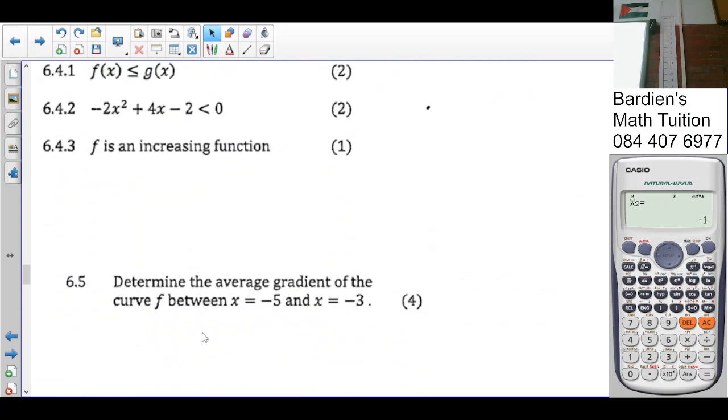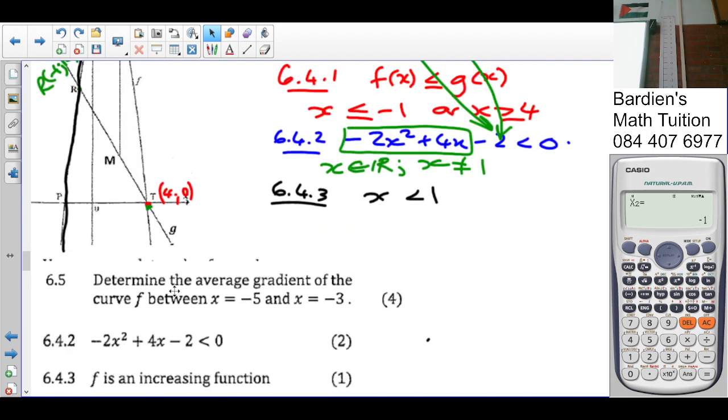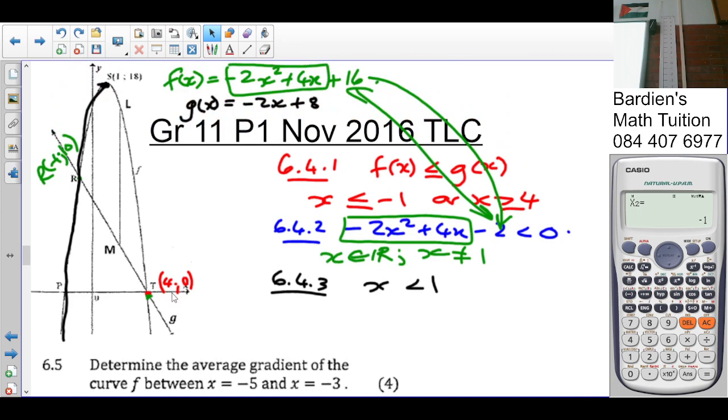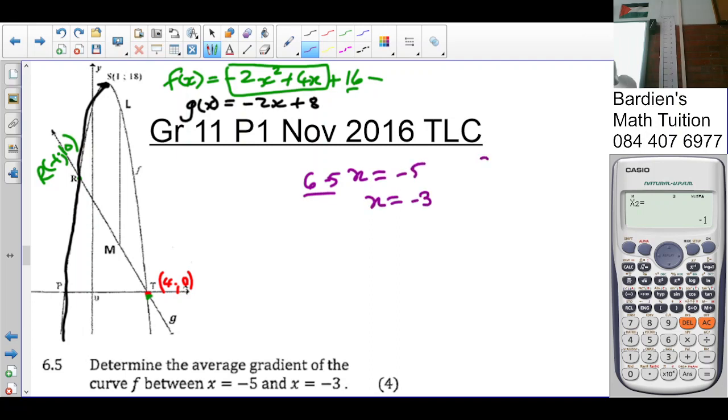The next question says determine the average gradient. So again, I'm going to take this off here. Determine the average gradient of f between x is equal to minus 5 and x is equal to minus 3. So what I do is, I work out f of minus 5.